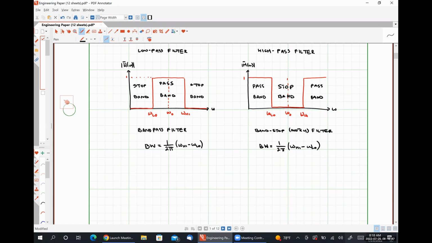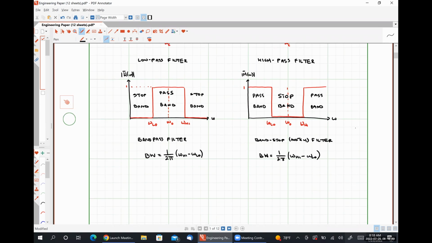Okay. All right. So these are our 4 different classifications of filters: a low pass filter, a high pass filter, a band pass filter, and a band stop filter. This is just one way of describing the different types of filters. Okay. You may have heard of things like Chebyshev filters, Butterworth filters, things like that.